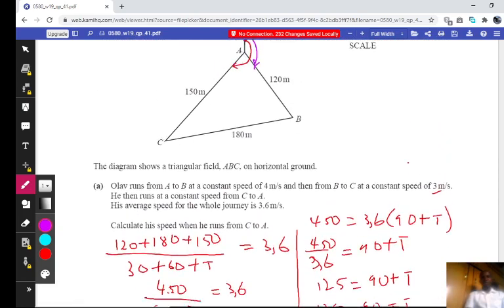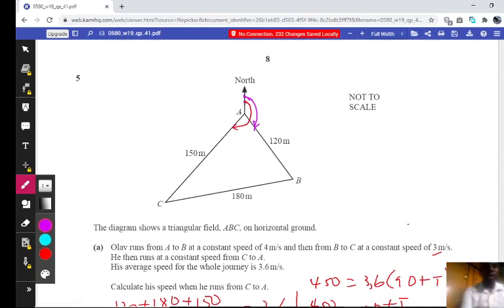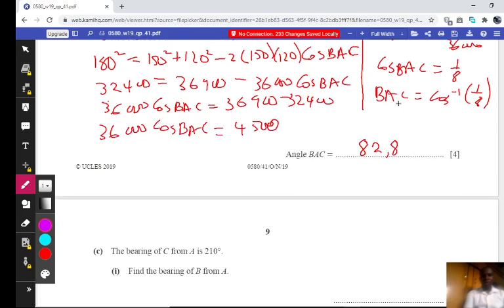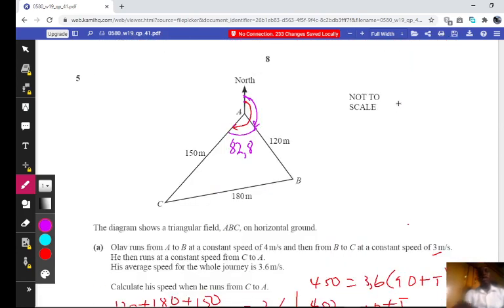That's BAC. 82.8. Yes, 82.8. Let's use this one. So to find this angle, since the whole angle is 210, just say 210 minus 82.8.